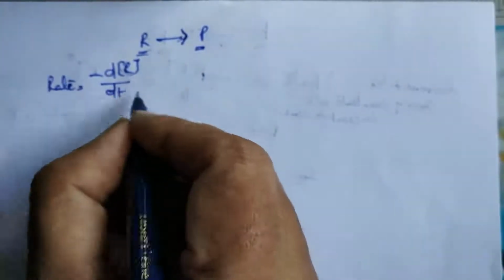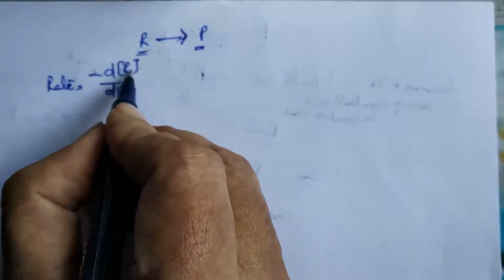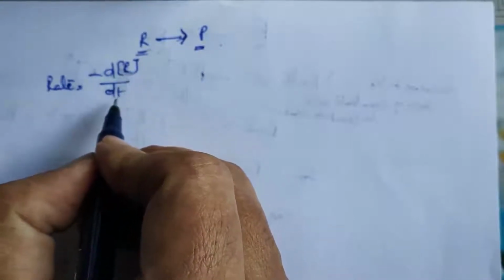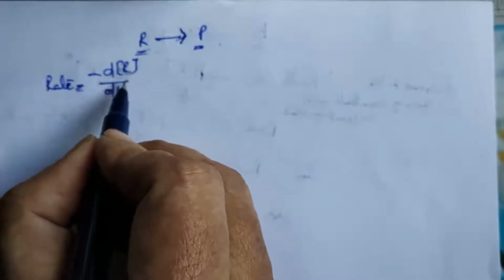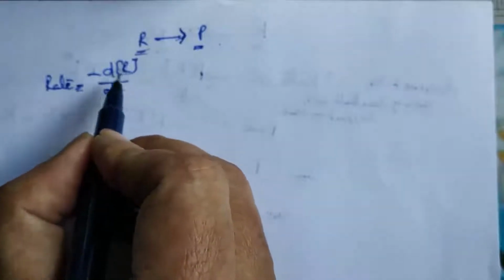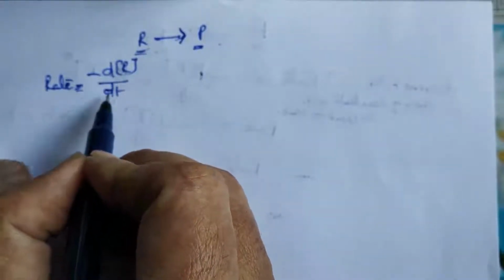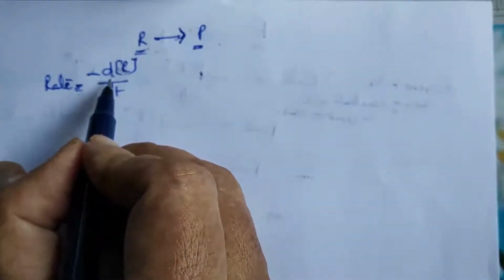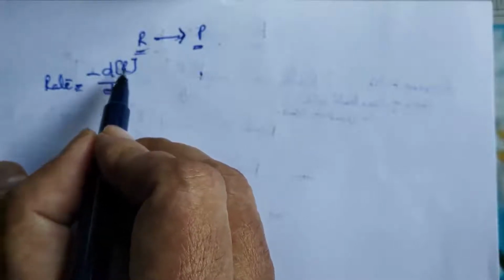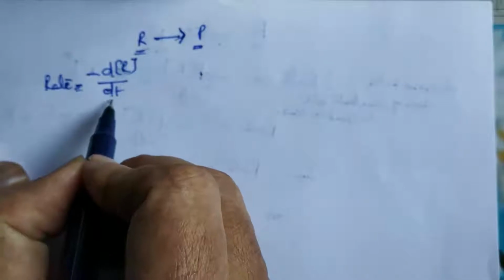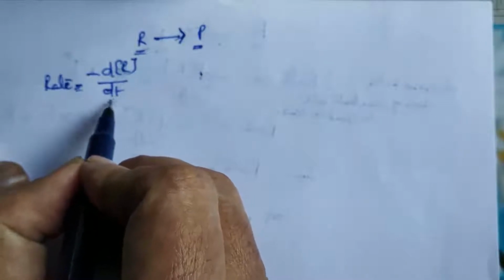So rate is equal to the decrease in the concentration of the reactants with respect to time. It will be denoted in differential equation form, that is minus dR by dt. Here the d represents the smallest differences in the concentrations of the reactants with respect to small intervals of time.